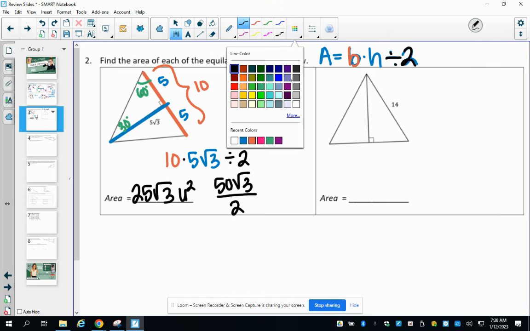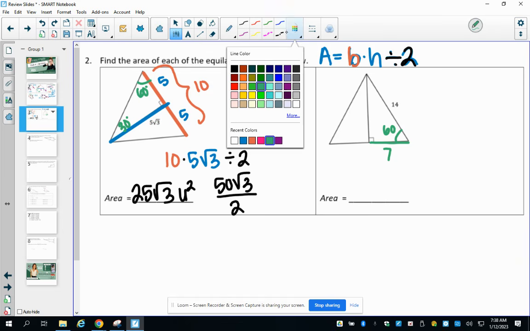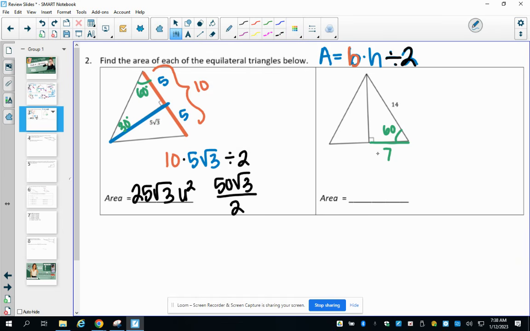This next one, again, two 30, 60, 90 triangles. Okay, so you've got that 60-degree angle here. We're given the hypotenuse in this case. Okay, so all of these sides are 14. Okay, this is half of one of those sides, right? So half of the hypotenuse is 7. And then the height would be that times the square root of 3.